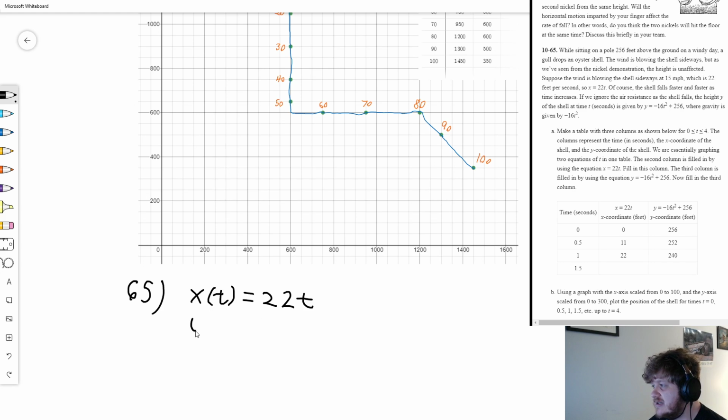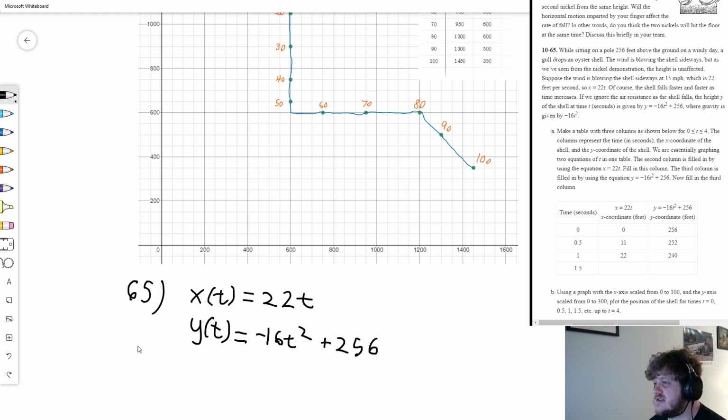And since it's being dropped, our y of t is going to be negative 16t squared, which is the effect of the acceleration due to gravity, plus 256. The 256 is its starting height because it's on top of a pole that's 256 feet above the ground, which is lovely.